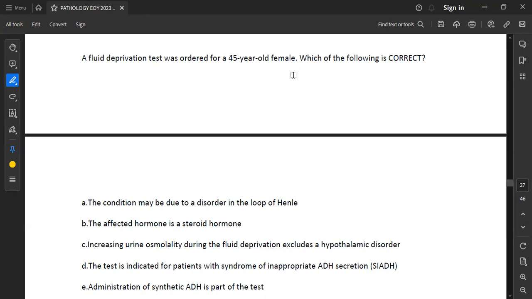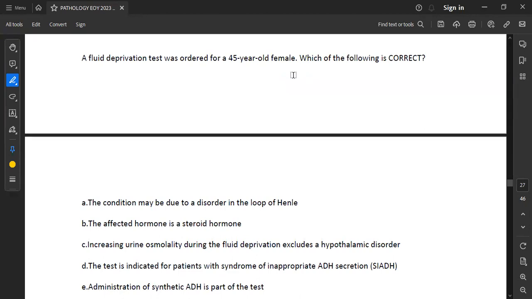People with SIADH tend to absorb a lot of water, so there'll be more water in the body, and the urine will be very concentrated, which means high urine osmolarity. Because we're absorbing a lot of water, we'll have decreased serum osmolarity, because we have more fluid in the body than solute. And I went with E, administration of synthetic ADH as part of the test, as we have seen.